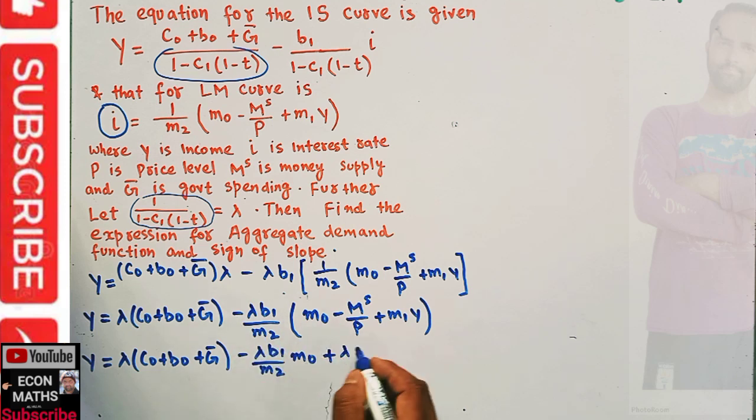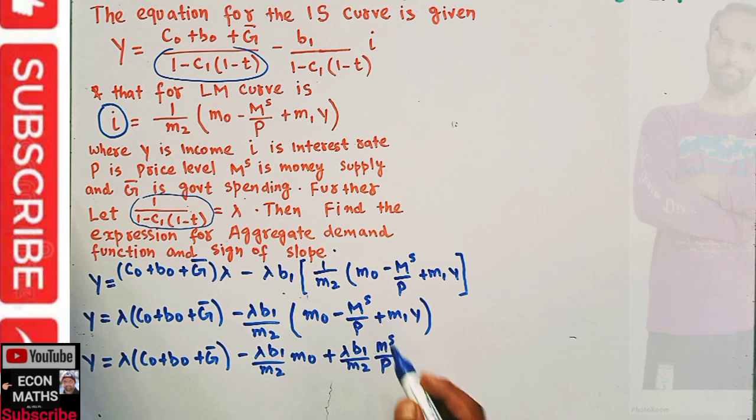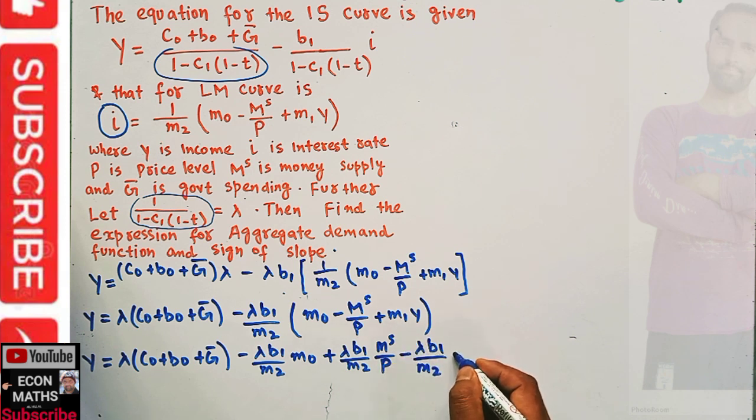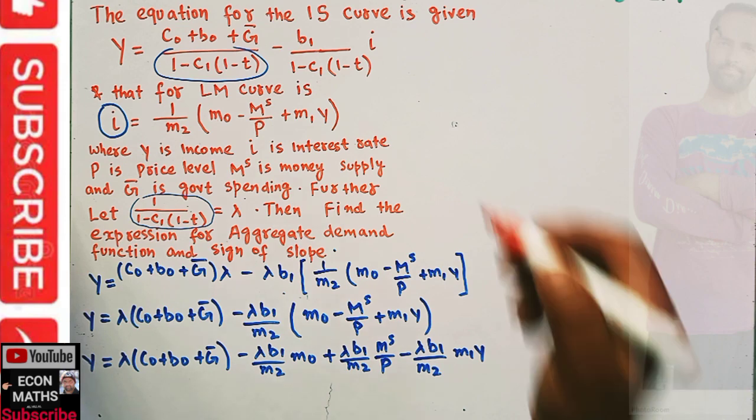We have lambda B1 upon M2, then we have MS upon P. Again, minus into plus is minus, so let me write here minus lambda B1 upon M2, and we have M1 Y. Now let us see which term here is composed of Y. Only this term is composed of Y. We will transpose this term to the LHS.